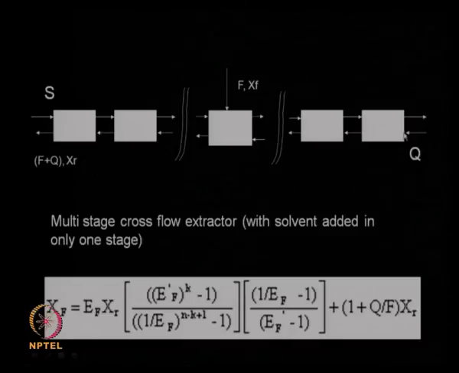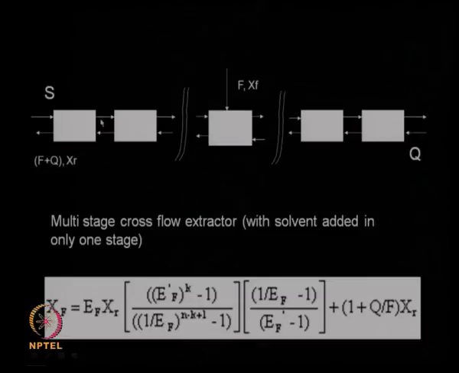And from one end you are introducing just the heavy liquid without any solute, that is, a quantity of Q. So F plus Q gets added up here, and the concentration changes or decreases from XF to XR.